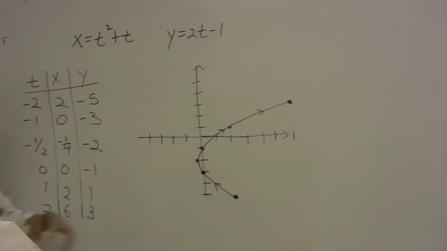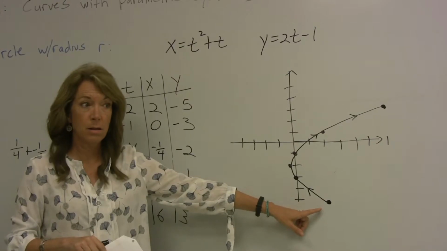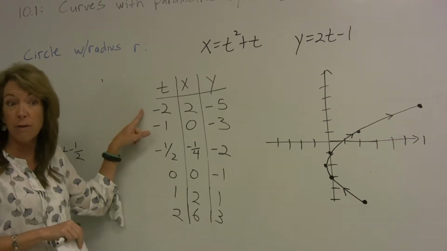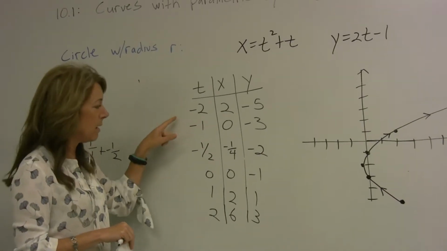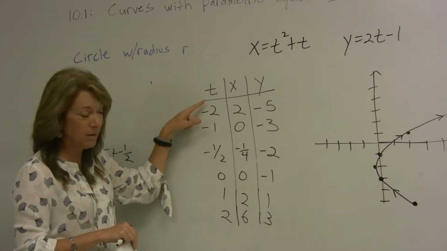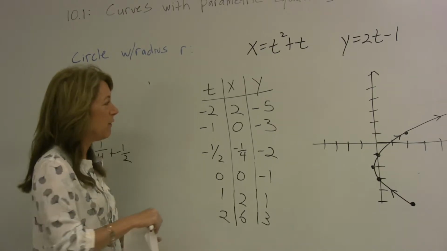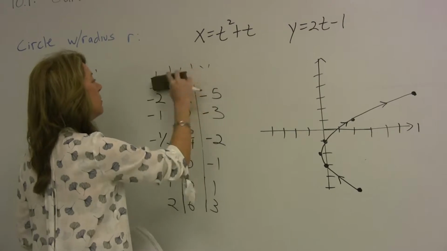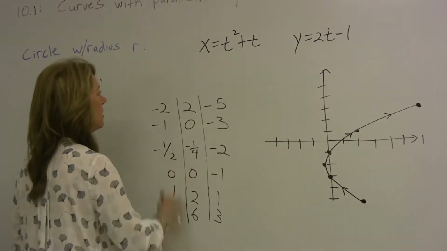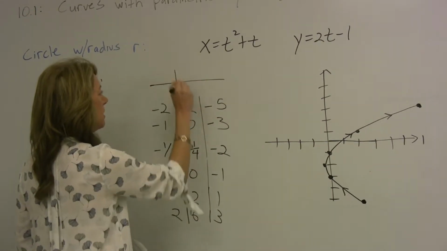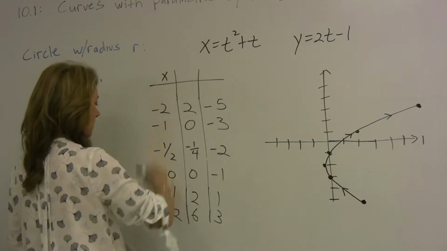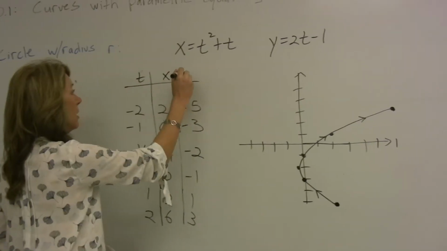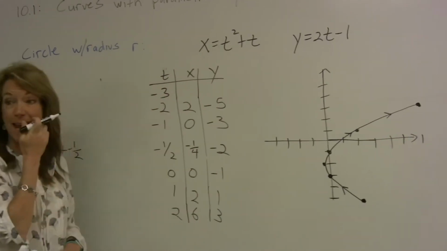And if we want to know what happens before this, what might I pick for t? -3, a t that came before this one. Now, technically I like to put it up here, but I'm going to put it down here because I'm out of room. I'm going to squeeze in there anyhow. It'll make me happier. Watch me cheat a little bit. Power of the eraser. I'm going to squeeze a -3 in there.